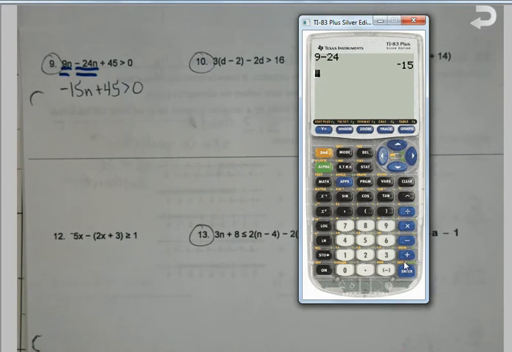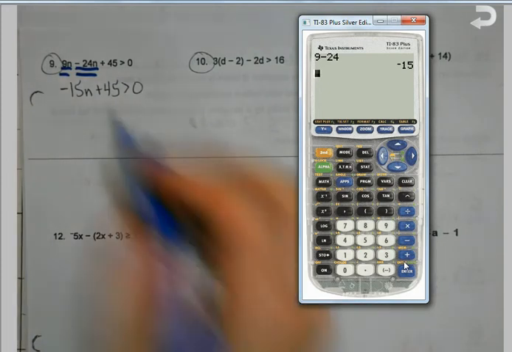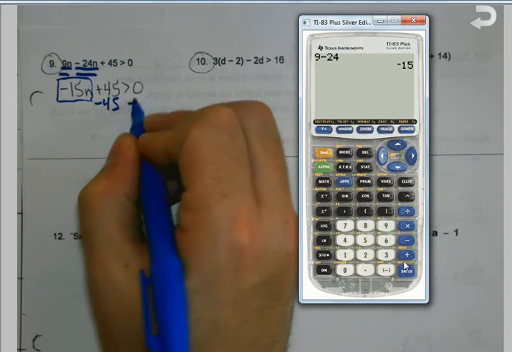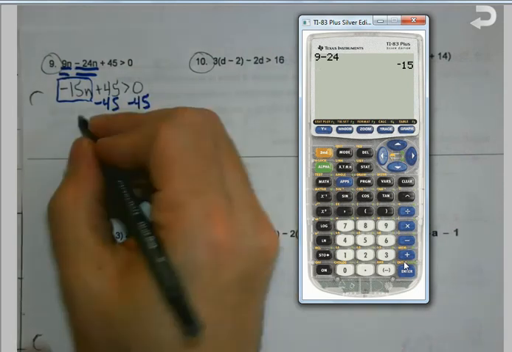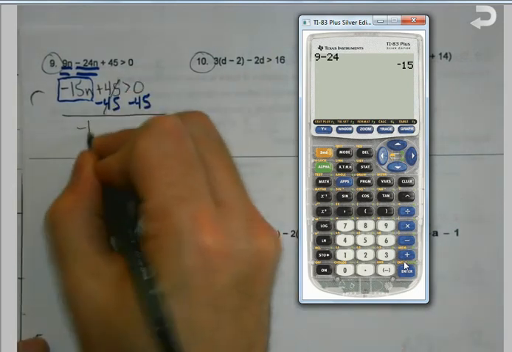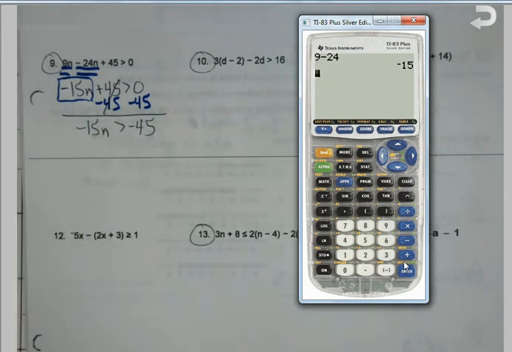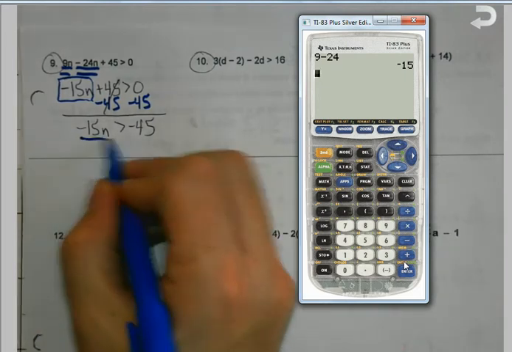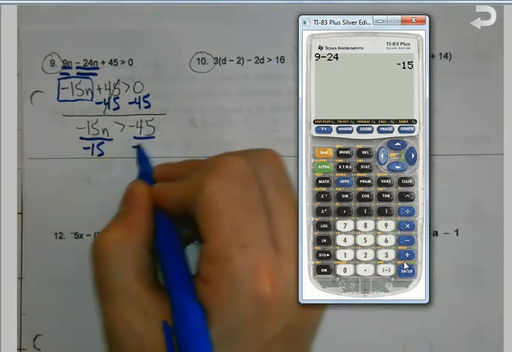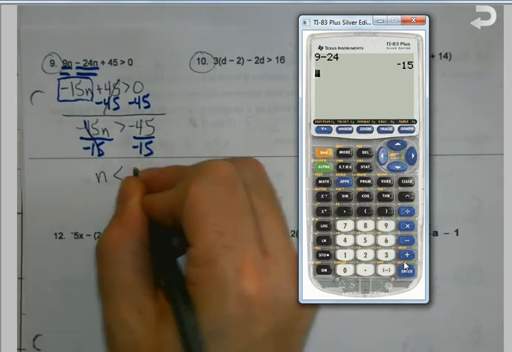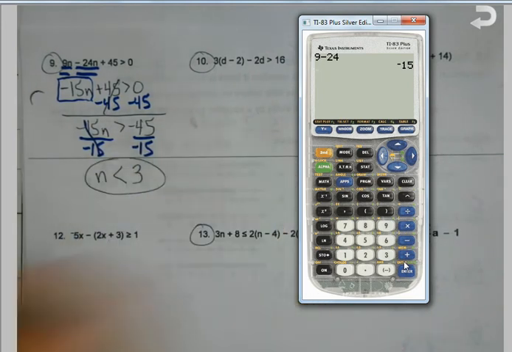So I can go ahead and put those together. And my job now is to get the 15n by itself. Last step. Okay, and again we're dividing by a negative. Flip it and write my answer.